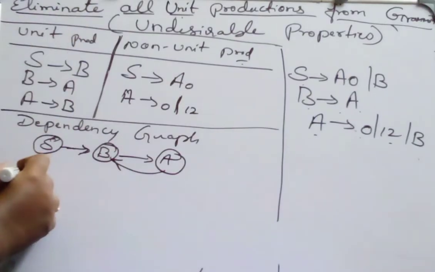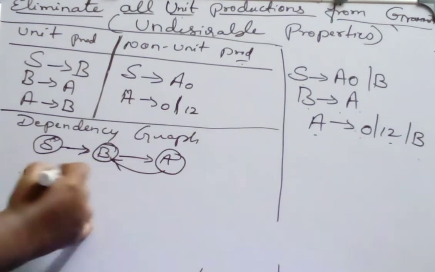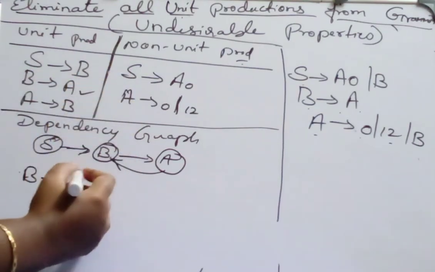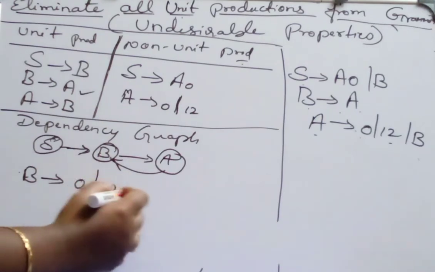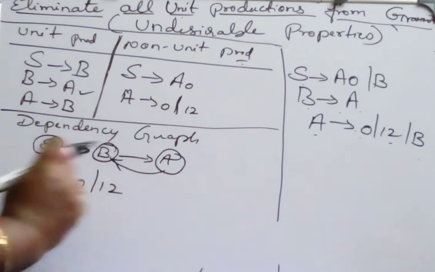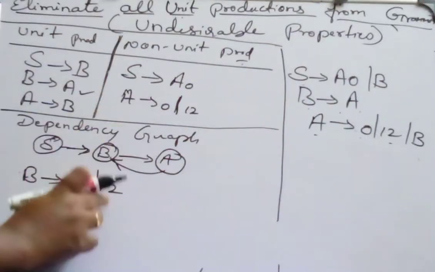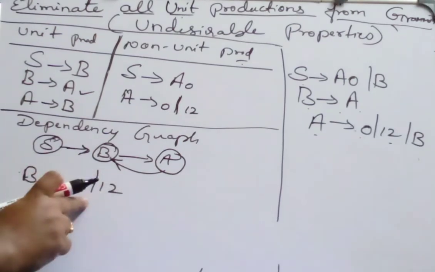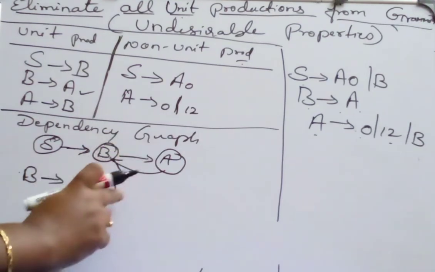So take that production, B derives A. First remove the dependency B derives A. A is 0 or 1, 2, and here B derives A, which is 0 or 1, 2, or B. B is nothing but A itself, 0 or 1, 2.